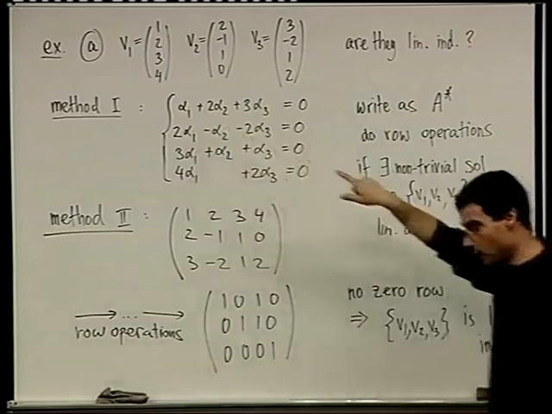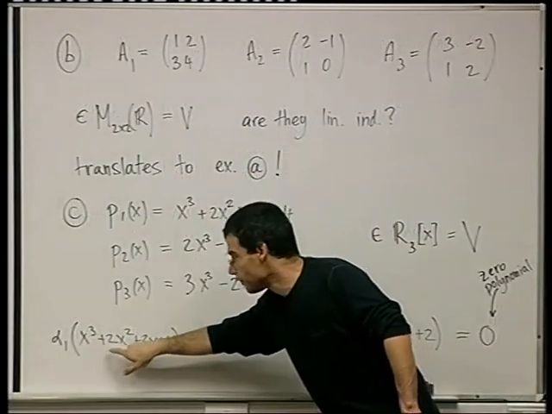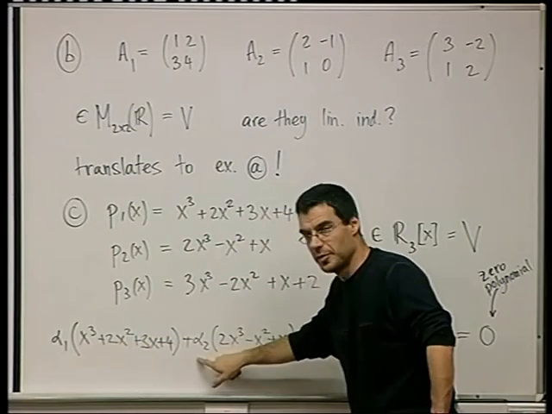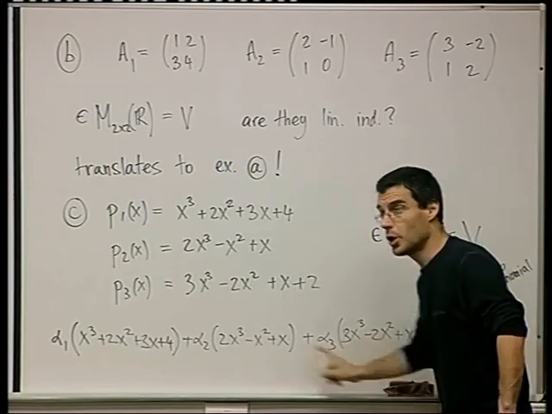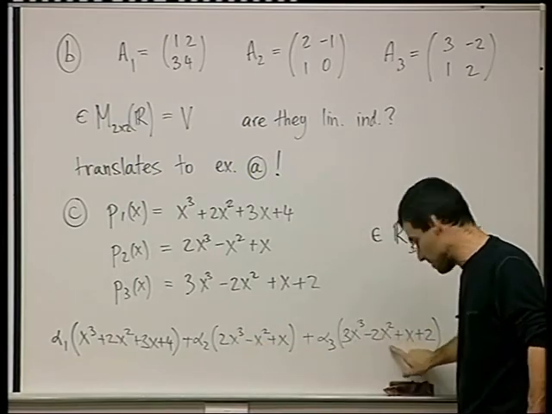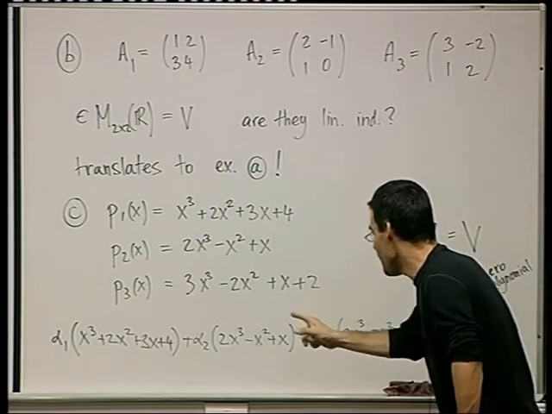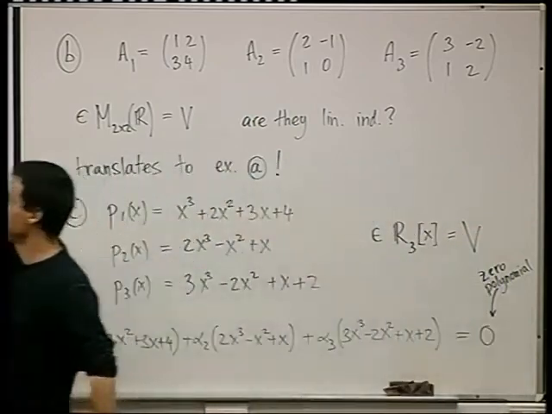The second equation, back to this board, the coefficients of x squared. 2 alpha 1 minus alpha 2 minus 2 alpha 3, those are the coefficients of x squared, they have to be 0. Let's say that again. 2 alpha 1 minus alpha 2 minus 2 alpha 3.